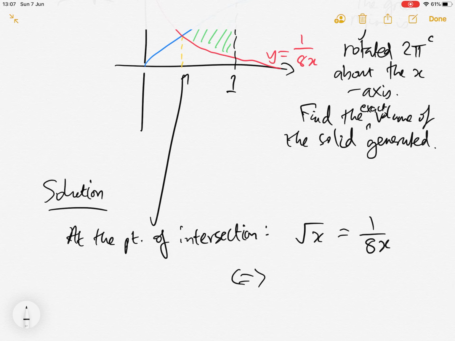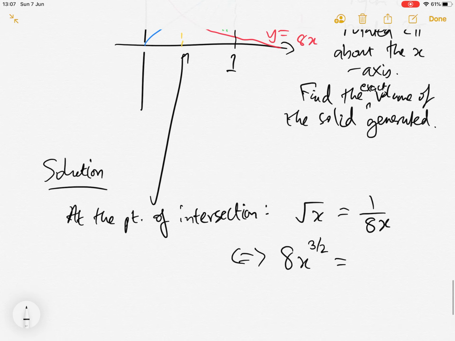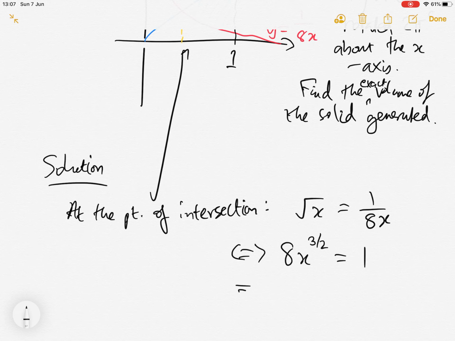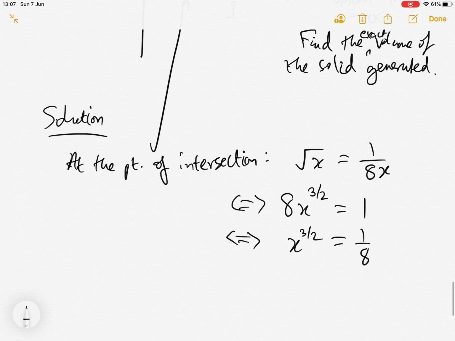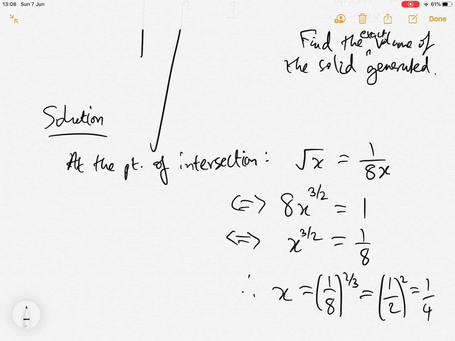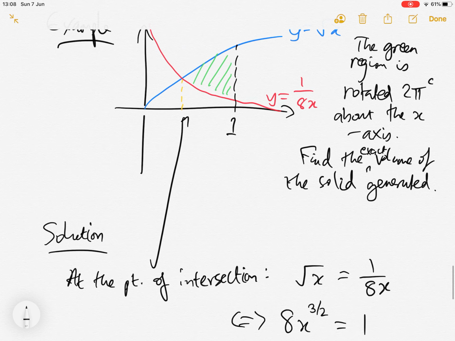So this is equivalent to 8x to the 3/2, because x root x is x to the 3/2, equals 1, or x to the 3/2 is an eighth. So therefore x is 1/8 to the power 2/3, because if we raise both sides to the power 2/3, it will get rid of the power 3/2. And then this is a half squared, which is a quarter. So this x value here is 1/4.